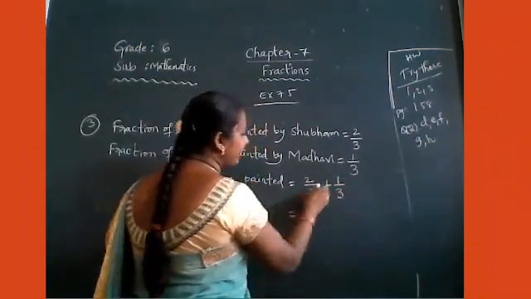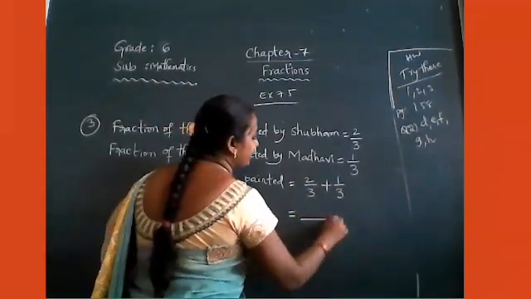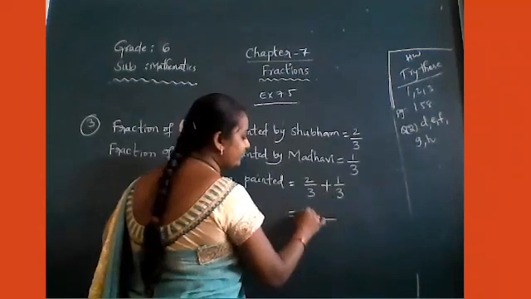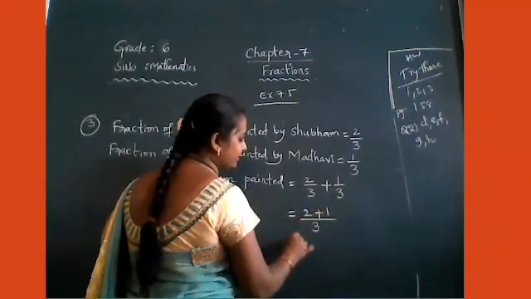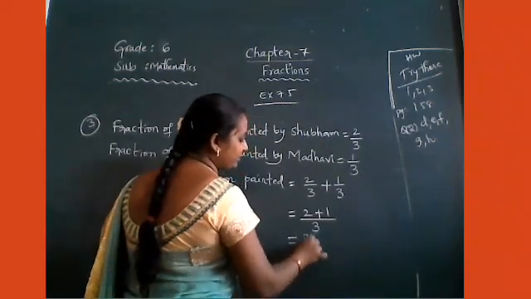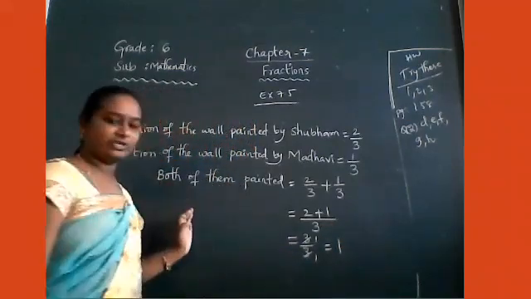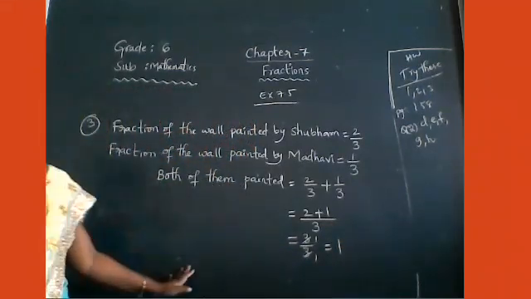Here the denominator is 3 and you have to do the addition of numerators. That is 3 by 3. So 3 by 3 is nothing but 1. So both of them painted together one complete wall.